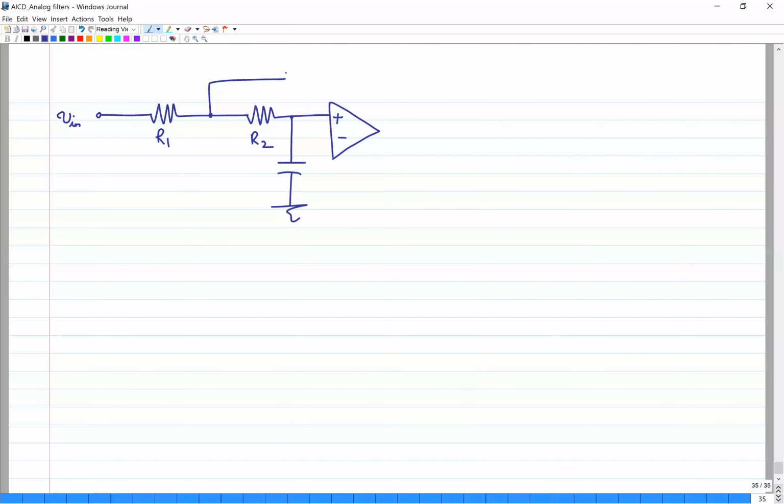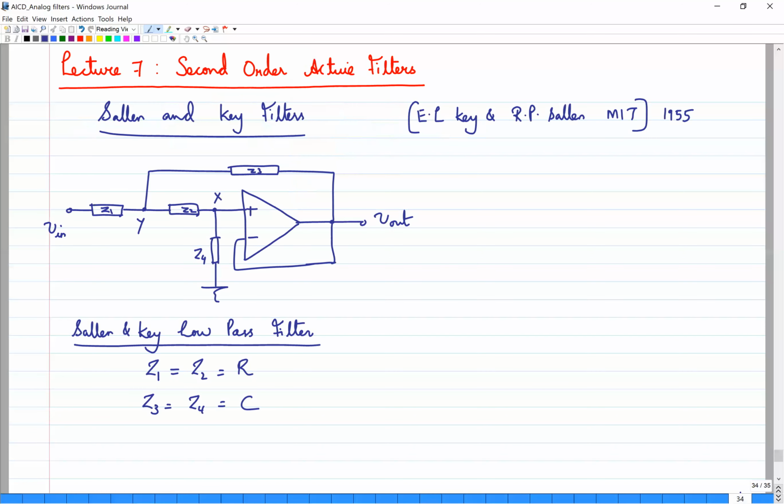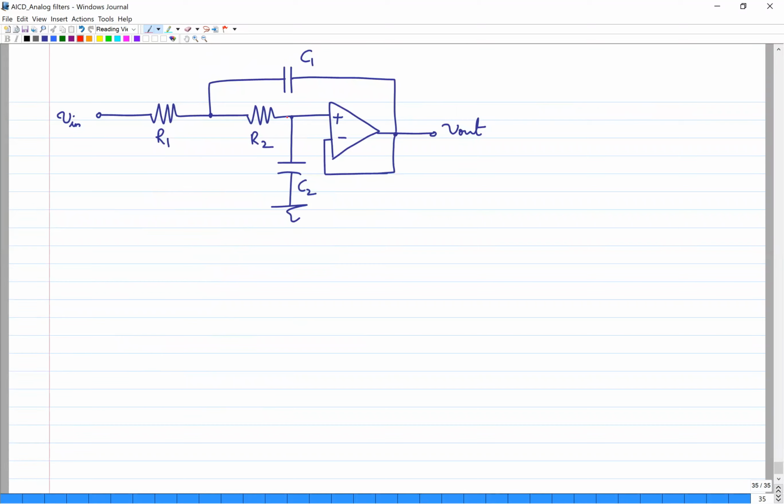From here another capacitance, C2, is connected back to V out, which is the output. As in the previous circuit, I'll mark two nodes: this node as X and this node as Y.